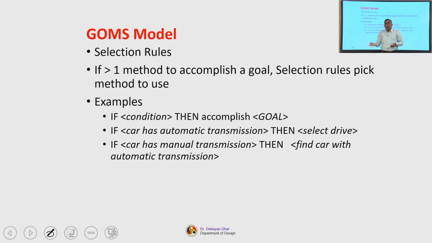Using these operators, you can take a particular method, and the method can be composed of various sub methods, small tasks, to ensure that you reach the goal. And if you have more than one method to reach the same goal, there is a selection rule that says, if this is the condition, then go for this method or else go for that method. That is what GOMS allows us.